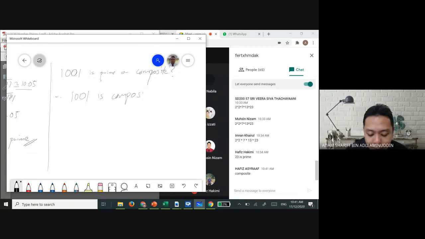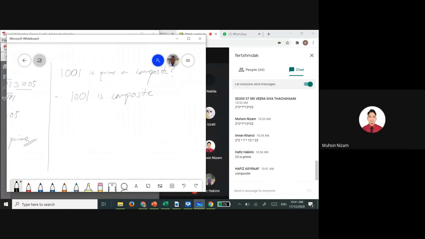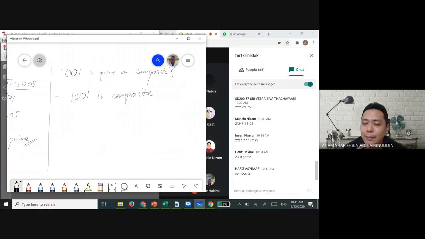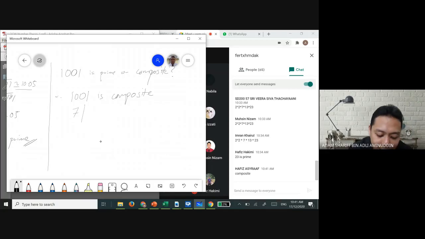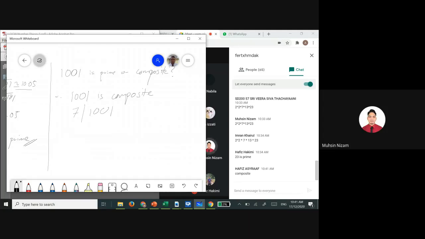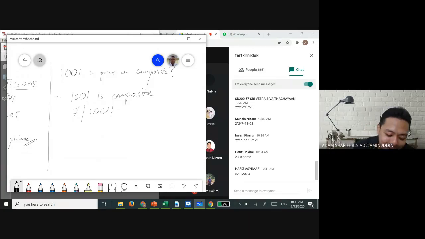Maka kalau dia composite, it has more than 2 factors, which is 1001. Ada satu lagi. So, Musin cakap 7 adalah faktor kepada 1001. So, saya teks sekejap. 13 sekali. Weh, laju kau. Okay, 13 sekali. Lagi? Ada lagi tak?